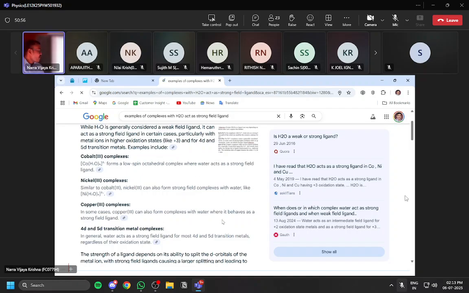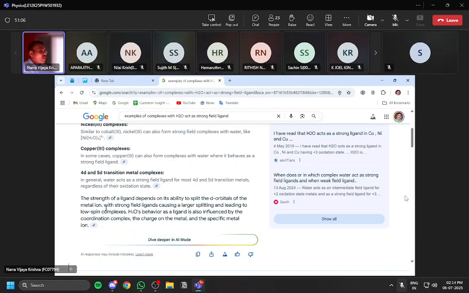See this: [Co(H2O)6]3+, [Ni(H2O)6]3+. In some cases, cobalt plus 3 can also form complexes with water. Copper plus 3 also; cobalt plus 3 is already over. Copper generally forms plus 2. Copper plus 3 can also form complexes with water where it behaves as a strong field ligand. So these are the examples where water acts as a strong field ligand.